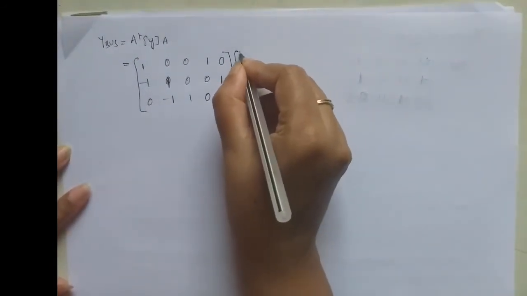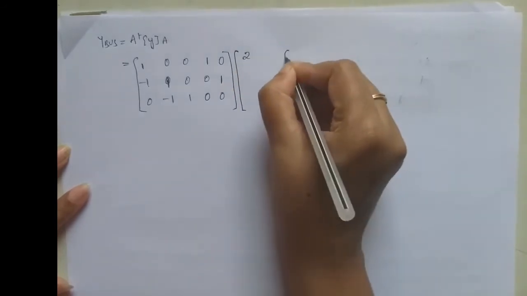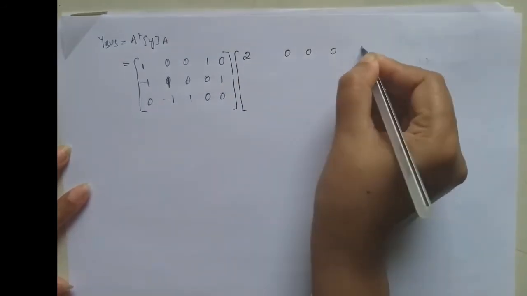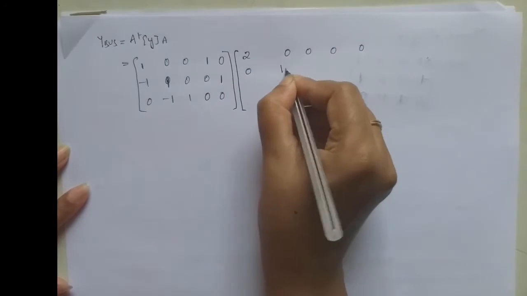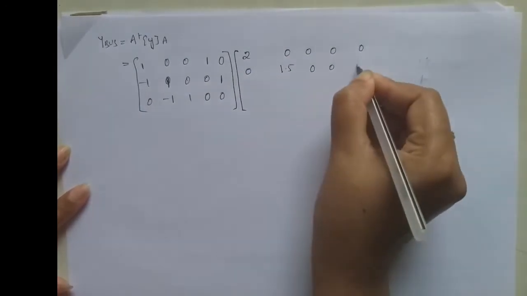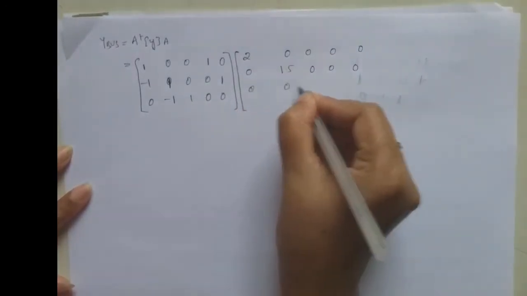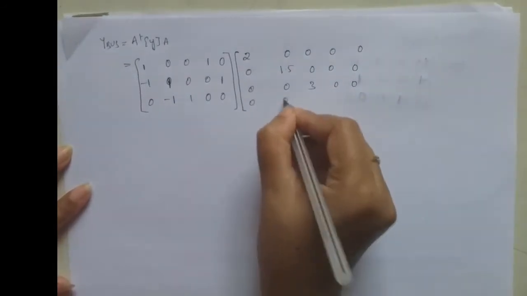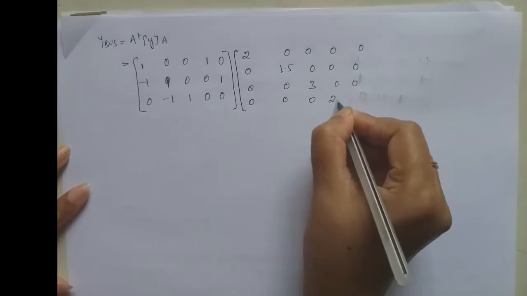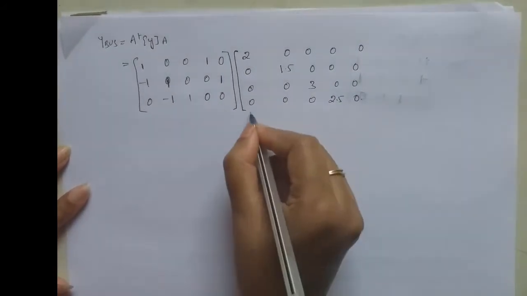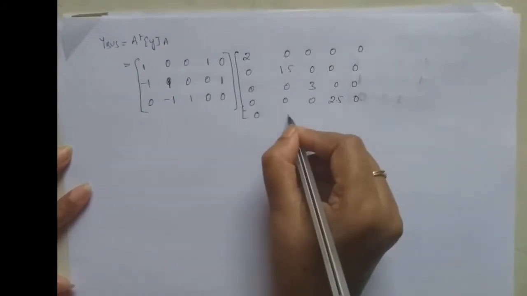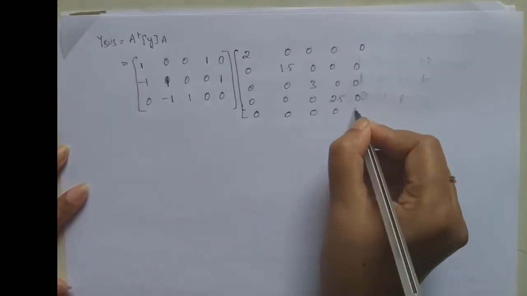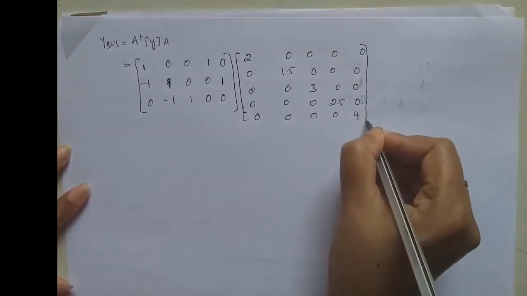which is 2 0 0 0 0, 0 1.5 0 0 0, 0 0 3 0 0, 0 0 0 2.5 0, and 0 0 0 0 4, a 5 cross 5 matrix.